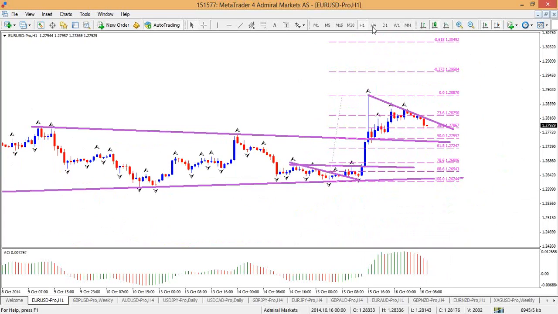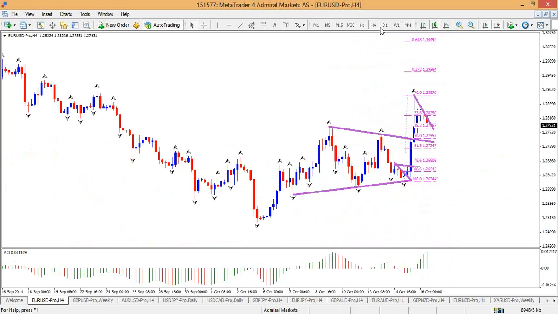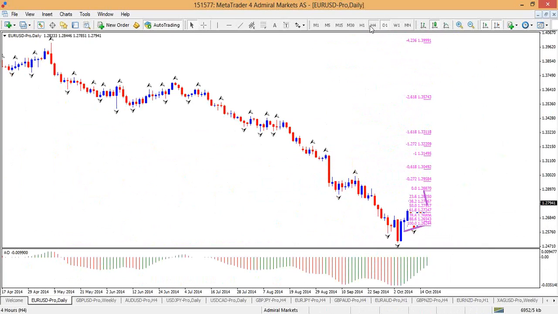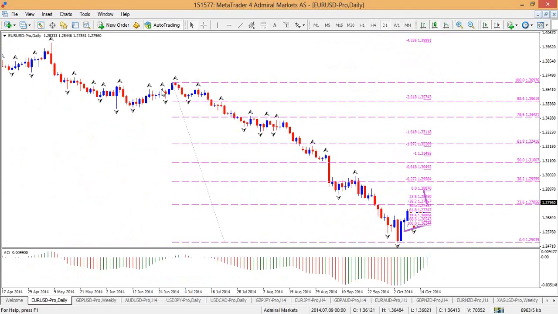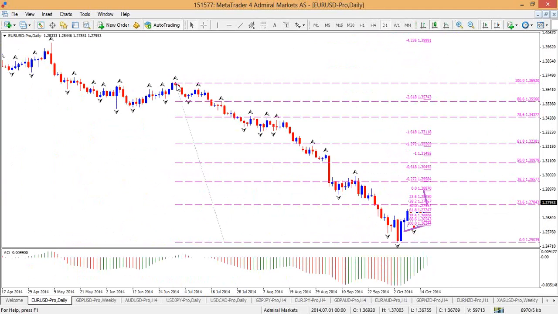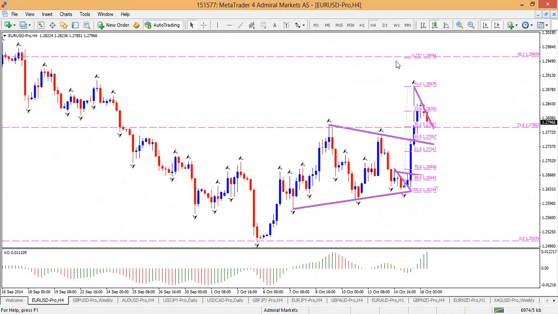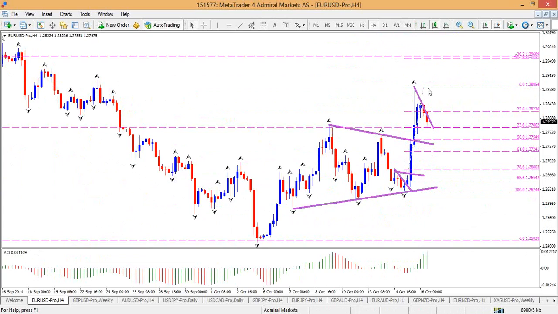Now, the advantage of, for instance, the 272 target here is that there's a confluence with the 38.2 Fib here. So we have a confluence between the target and the 38.2 Fib at 129.58.